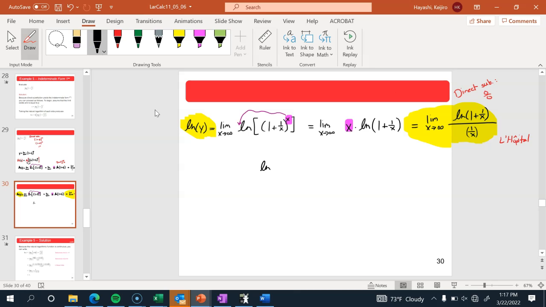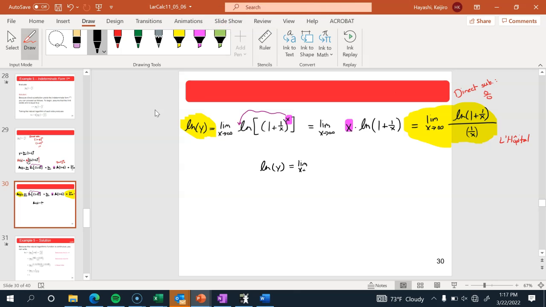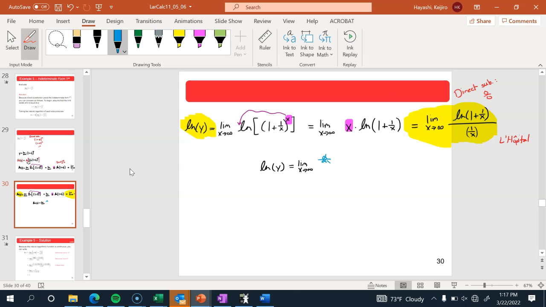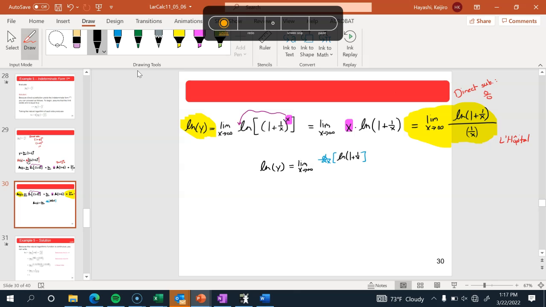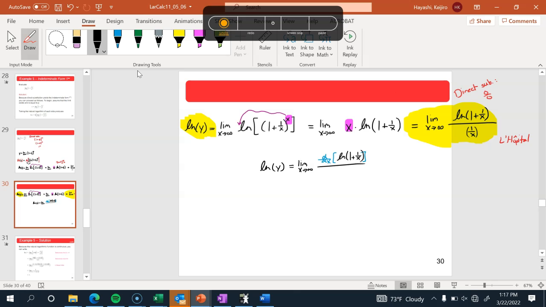The natural log of y should equal the limit as x approaches infinity of the derivative of the top over the derivative of the bottom. So the derivative of the natural log of this over the derivative of 1 over x.